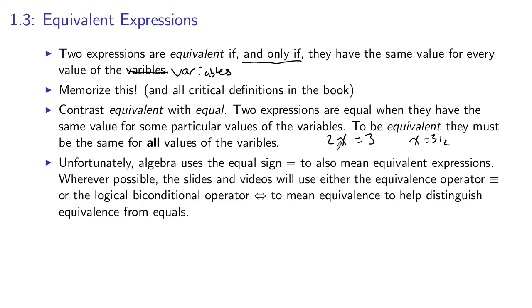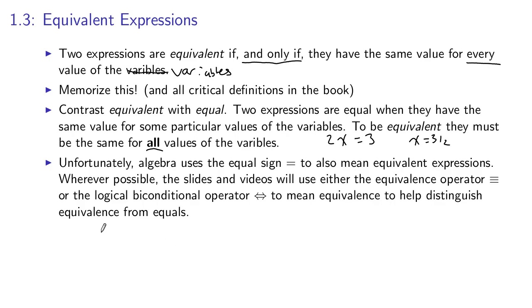To be equivalent, these two expressions must be the same for all values of the variables. All, or every. So 2x is not equivalent to 3. Unfortunately, algebra uses the equal sign to mean equal and equivalent.